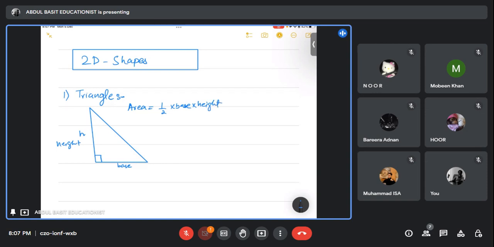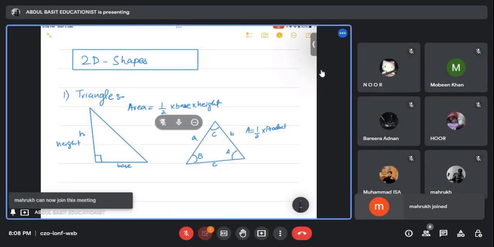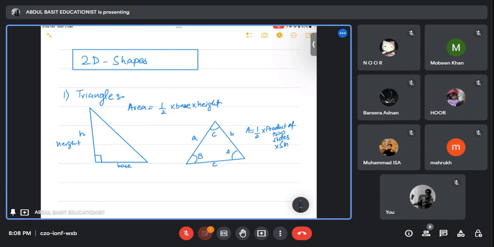And if a triangle is not a right angle triangle, for example ABC, we know that the angle opposite to this is capital A, that is capital C, that is capital B. So the area formula would be A equals 1 by 2, product of two sides times sine of the included angle.